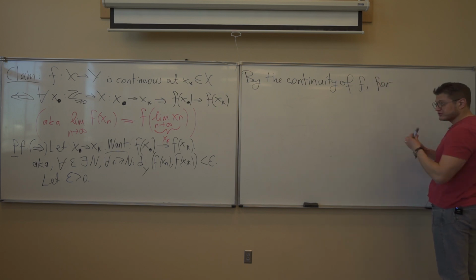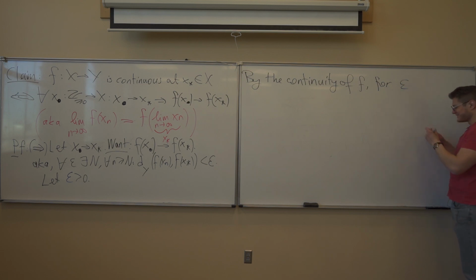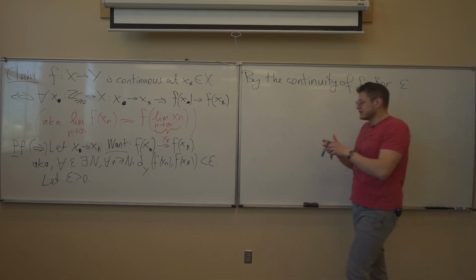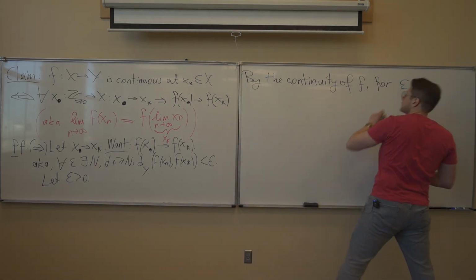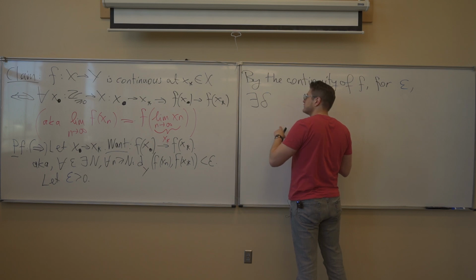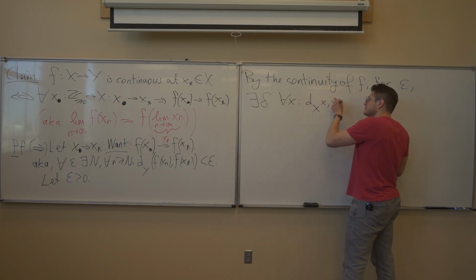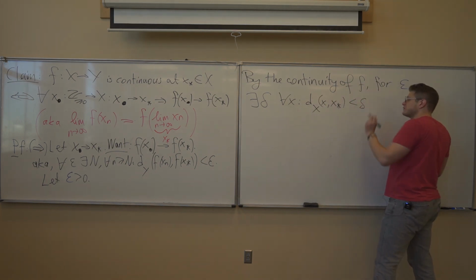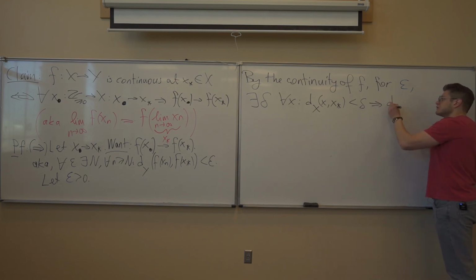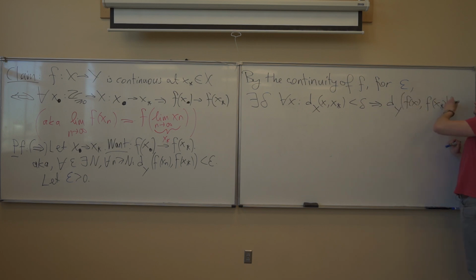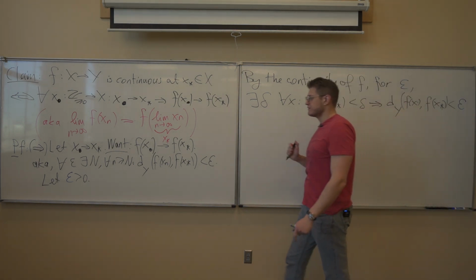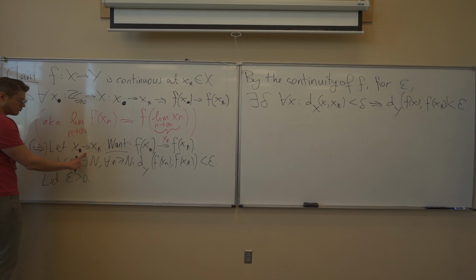For that epsilon that I chose, which was arbitrary but fixed, there is a delta such that for any x in X, if the distance between x and x star is bounded by delta, then the distance between their images is bounded by this blue epsilon. Okay, so I use the continuity of f.